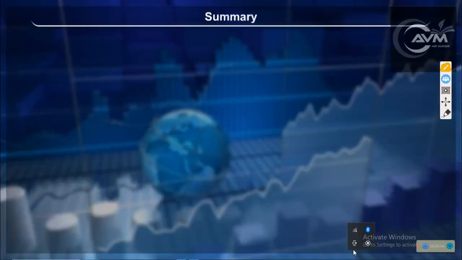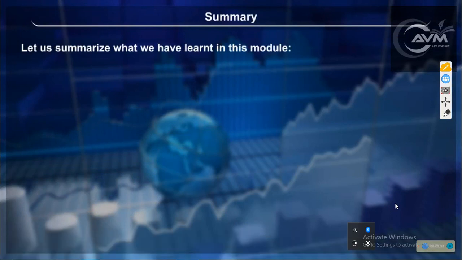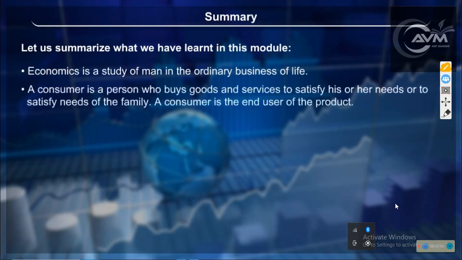Summary. Let us summarize what we have learned in this module. Economics is a study of man in the ordinary business of life. A consumer is a person who buys goods and services to satisfy his or her needs or to satisfy needs of the family. A consumer is the end user of the product.